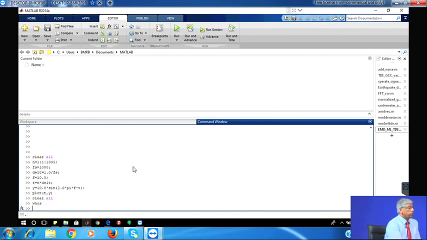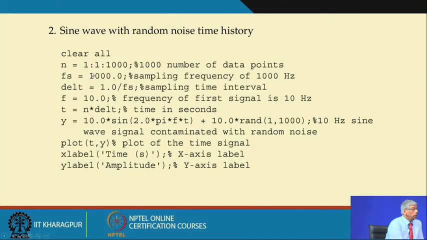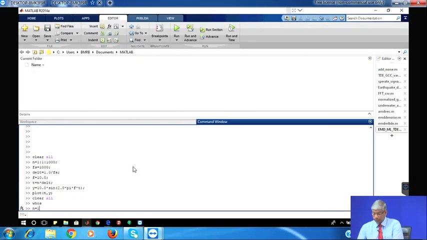Now, I will go to the next example, wherein to the same sine wave I have added a random noise. Everything else is same. I have added a random noise, and then I am going to plot the sine wave with a random noise. So, let me just quickly go through what we did. n is equal to 1 to 1000.